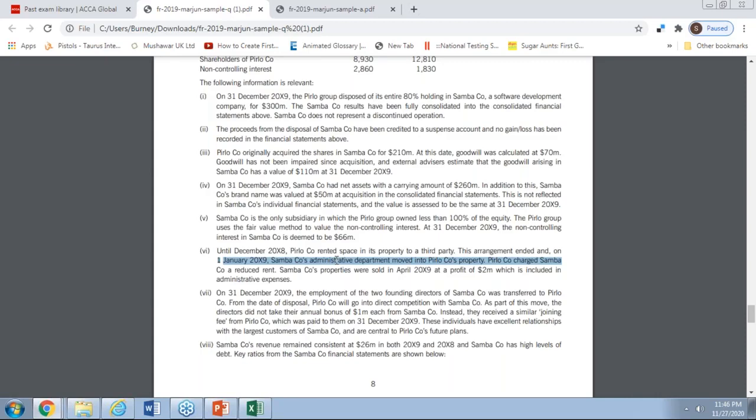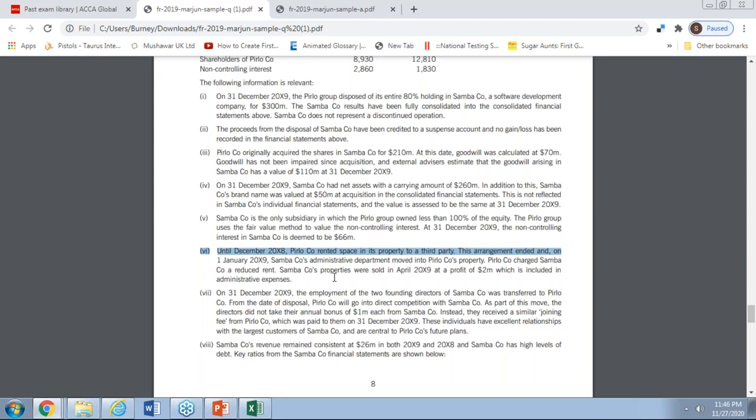That will impact positively on their profitability. The second thing is that the Pillu company, which was charging rent normally, will receive a reduced rent from the Samba. So it will affect negatively the profitability of the Pillu group as well.